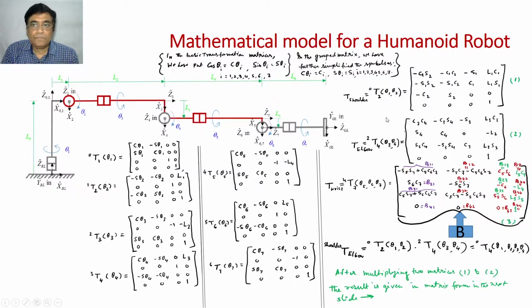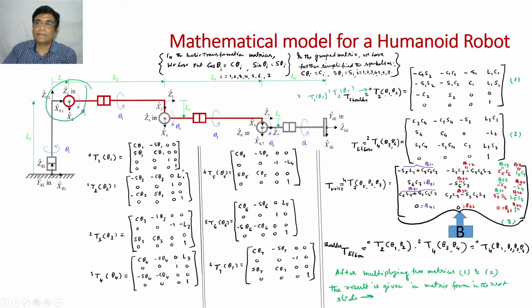I am now making a shoulder transformation matrix. So we segregate: these are the 2, this is my shoulder joint, theta 1 and theta 2. If I multiply these 2 matrices, theta 0,1, which is a function of theta 1, and theta 1,2, which is a function of theta 2, it will give you this matrix.